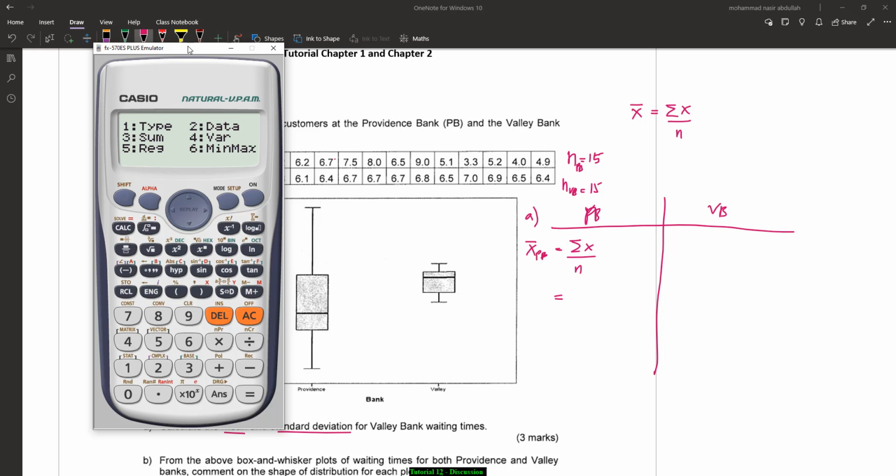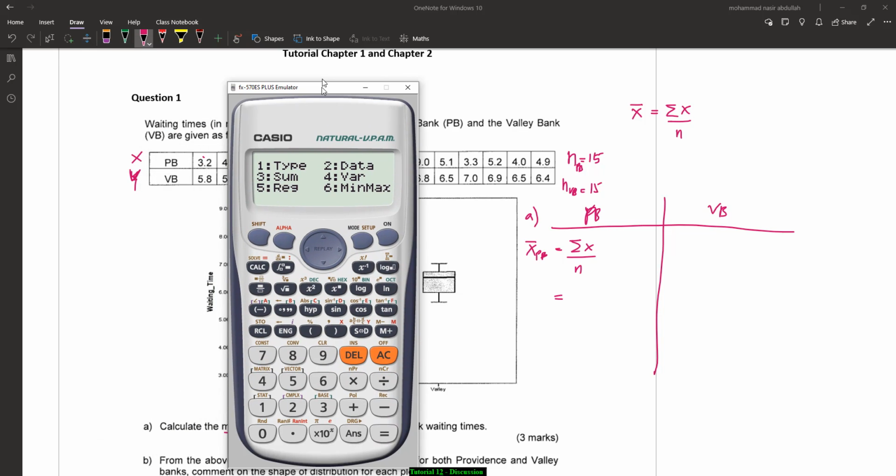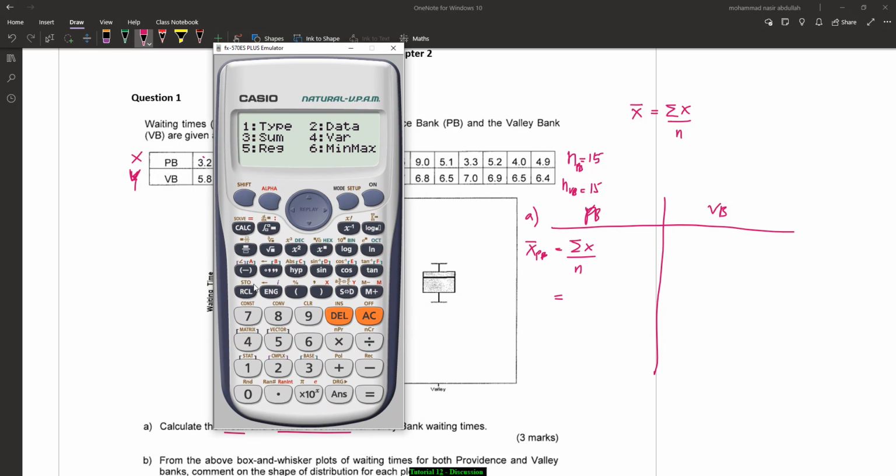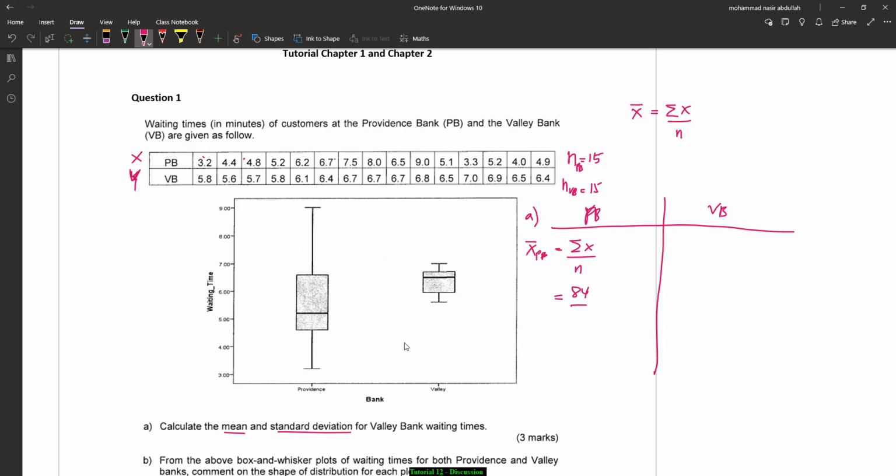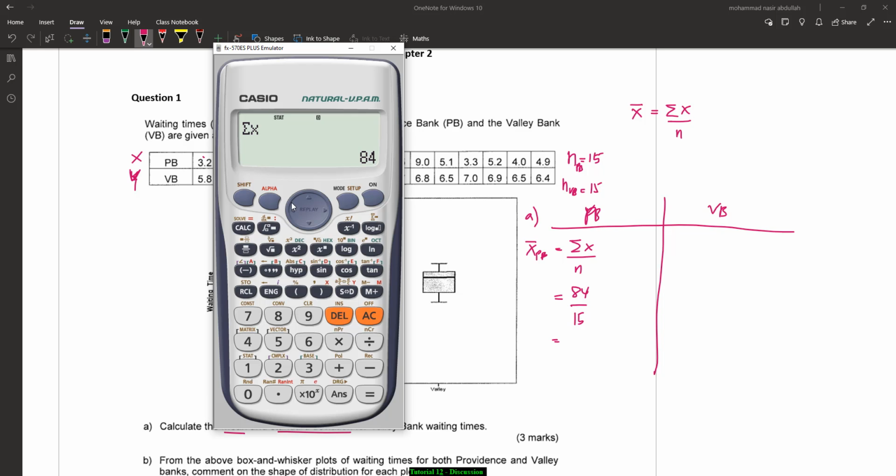Remember we put PB as x. So from 1 we take sum, number 3, summation of x, number 2. So it should be equal to 84 divided by 15. Let's leave this first. So shift 1, number 3, summation of y, number 4, right?